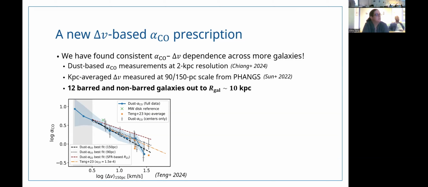So you can see the trend of this data aligns very well with the orange dashed line here, which is exactly what we saw on the 3 barred galaxy centers. So it was really exciting for me to see that this same relation not only holds for barred galaxy centers, but also for non-barred galaxies and even out to the galaxy disks.